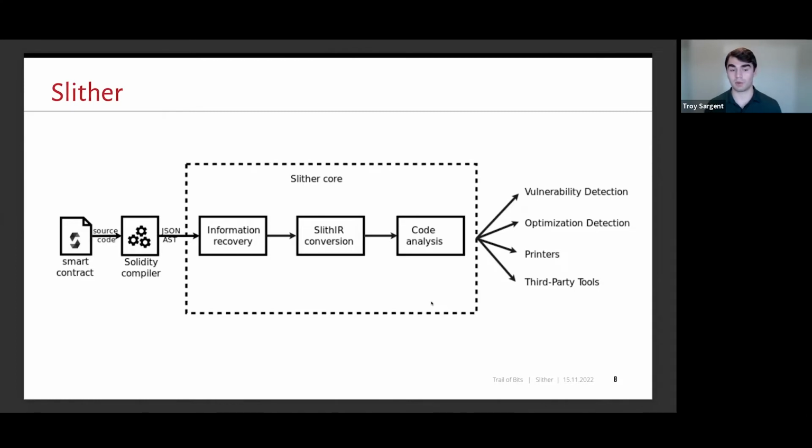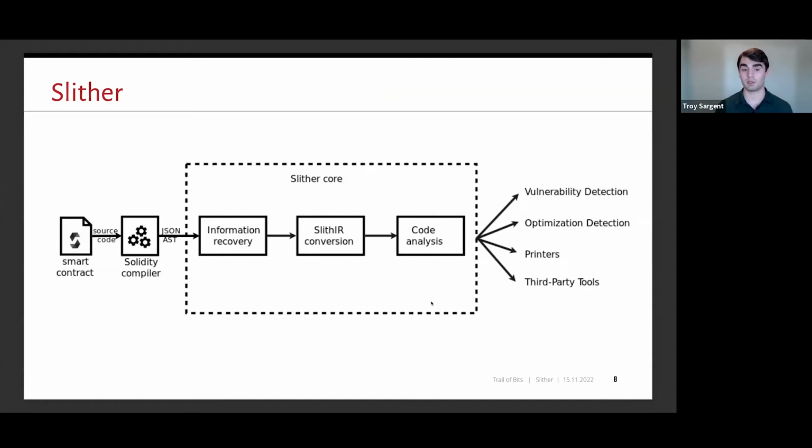Going from left to right, we take smart contract source code and give it to the Solidity compiler, and we ask for some information back, which is the JSON format of the abstract syntax tree, which is not all that important, other than it's just a compiler format that we can use to recover information from, like what contracts are in this code base, what functions does each contract declare, and what do they call.